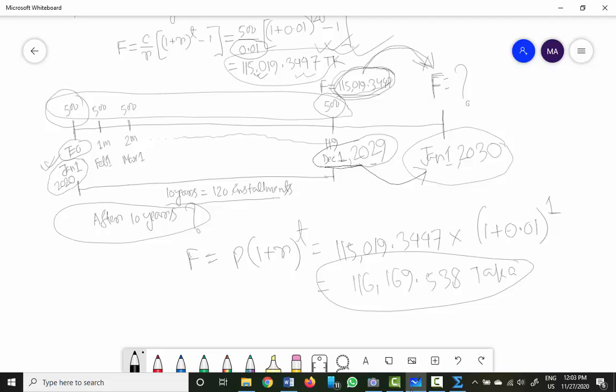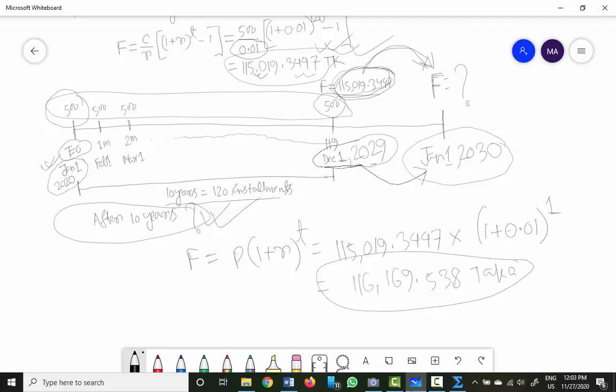But if the question says how much you will get after 10 years, since you have started your annuity at the beginning of the period, your annuity will mature 1 month before.